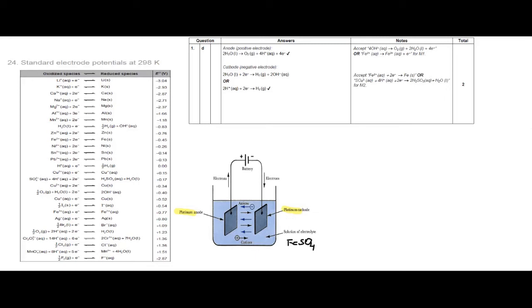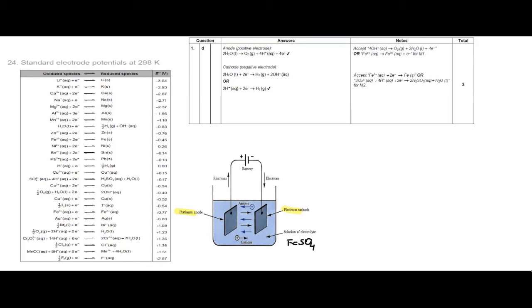The molecules within the electrolytic solution only will be participating in the reaction, meaning it could be either water, H plus or OH minus generated from the water molecules, or iron, Fe2 plus, or sulfate ions that will be participating in the reaction.